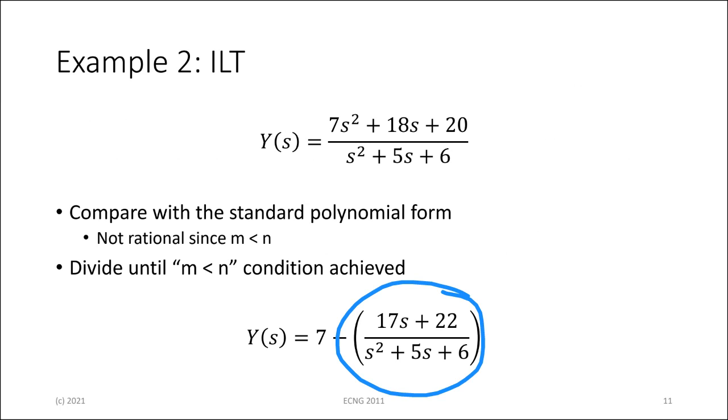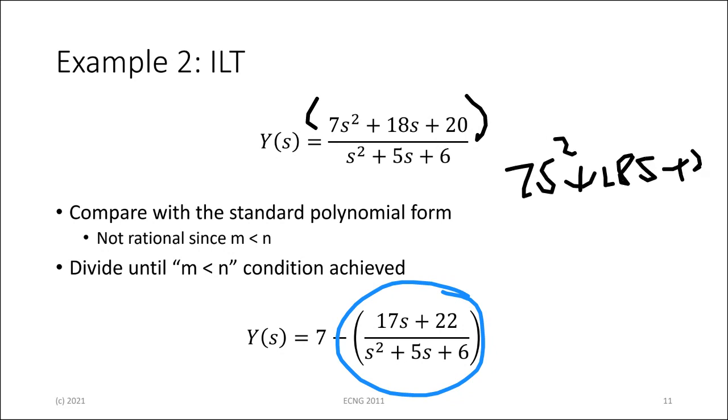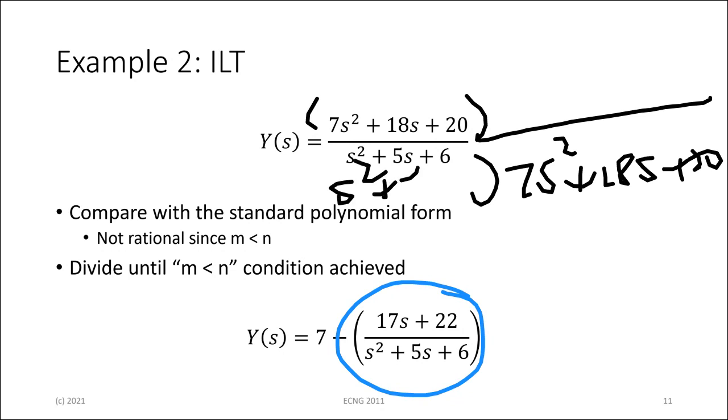You have to divide, you have to do some long division. So you have to take this, 7s squared plus 18s plus 20, and you divide it by s squared plus 5s plus 6, right? So you do that.